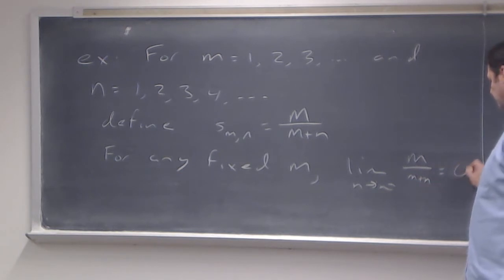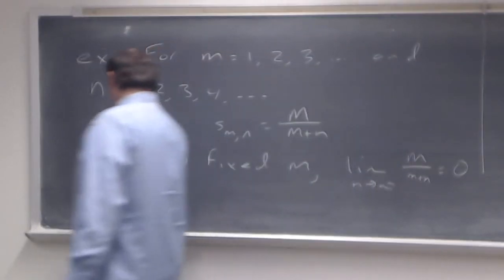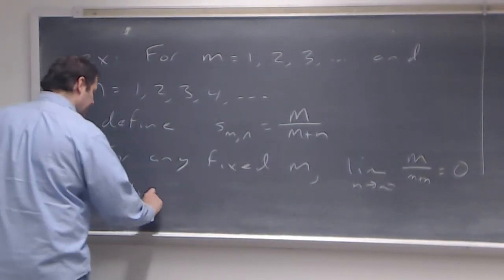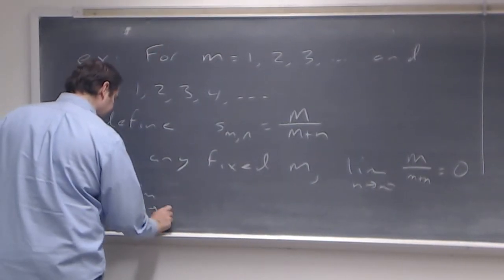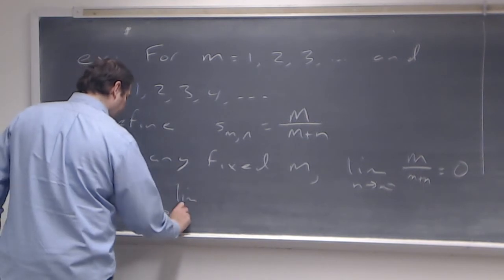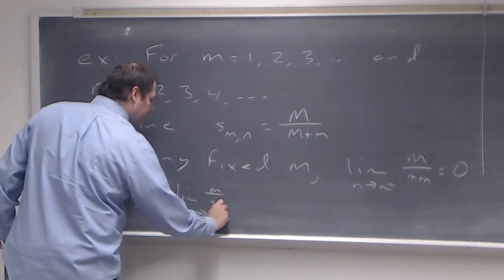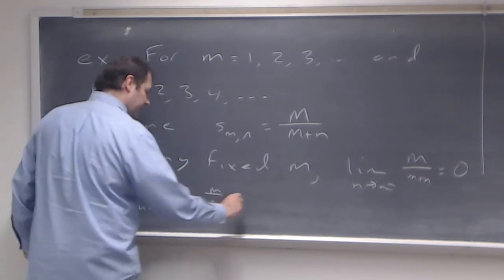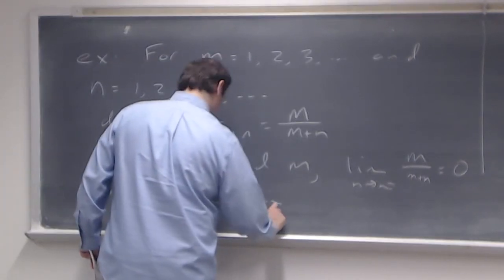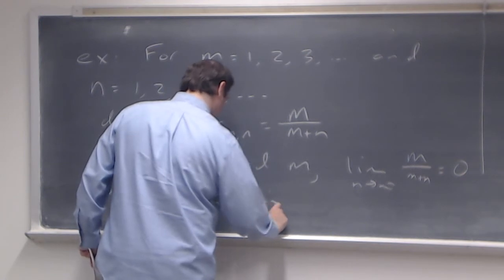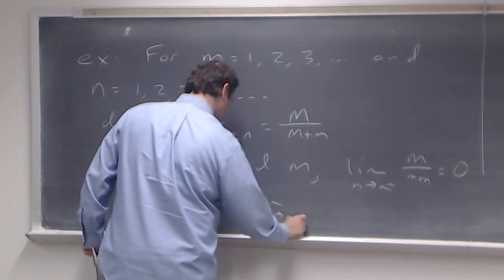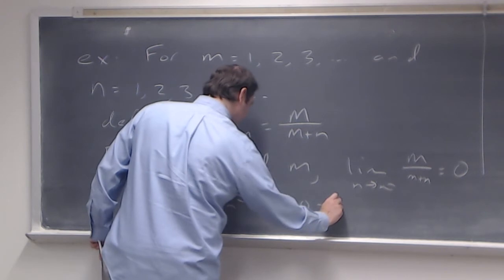So if you take the limit as m goes to infinity, and before that take the limit as n goes to infinity of m over m plus n, you'll get the limit as m goes to infinity of 0, which equals 0.